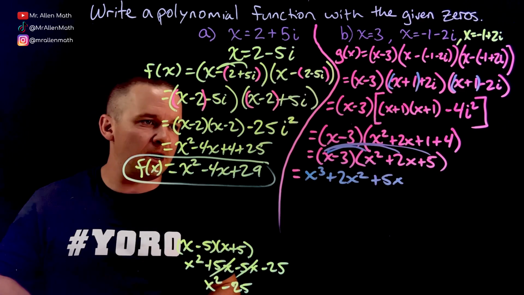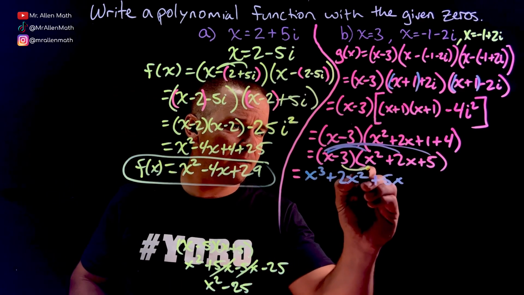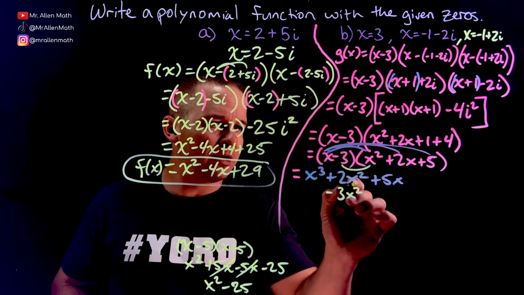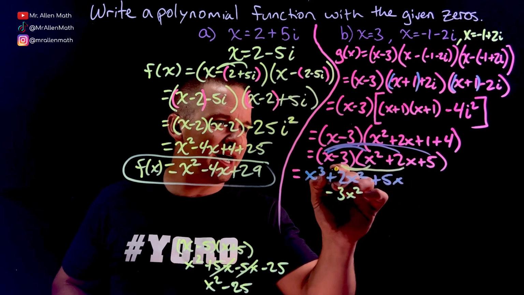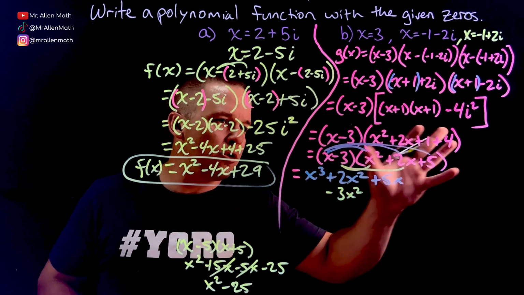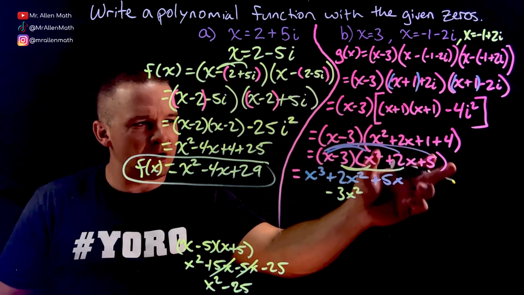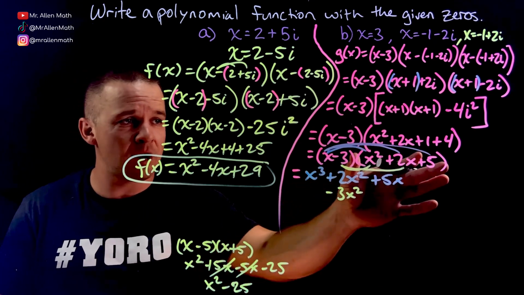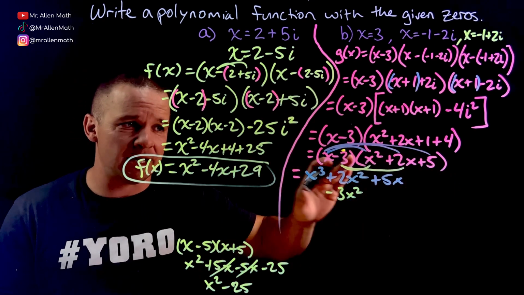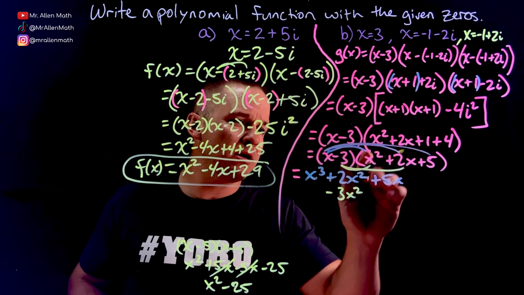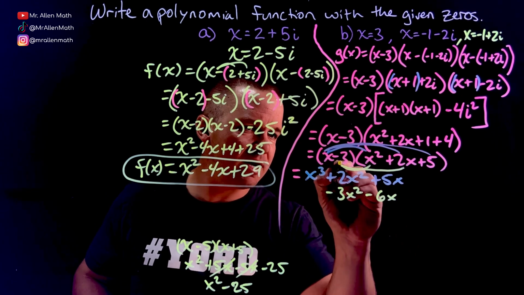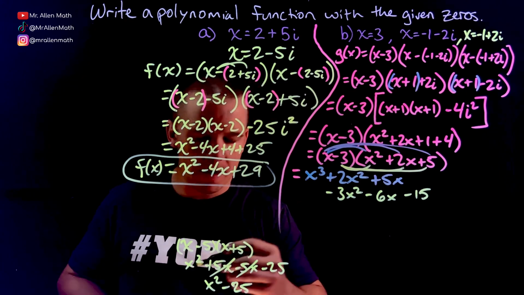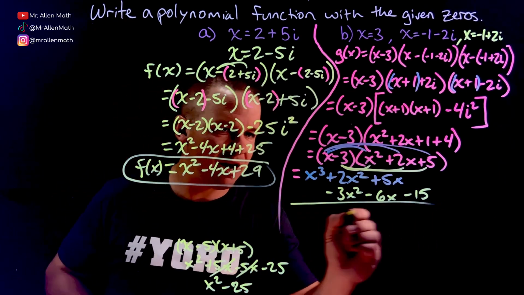Then, if I come around with the -3, -3x squared, I can write that right below that one and just organize my like terms because it's going to work out in order since the 2 terms that we're multiplying here are in order as well, right? The x minus 3 is in descending order, x squared plus 2x plus 5, descending order. So it'll work out real nice. So -6x and then -15. There we go. And then when I put this all together, I can add it vertically there.